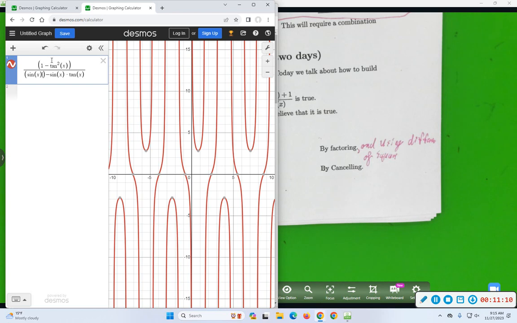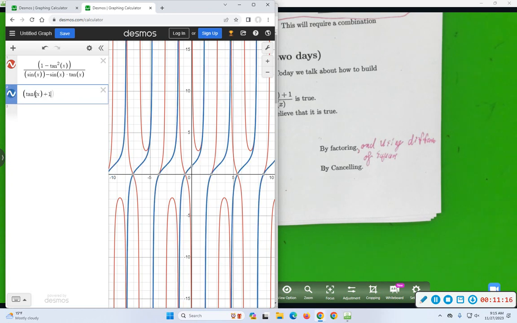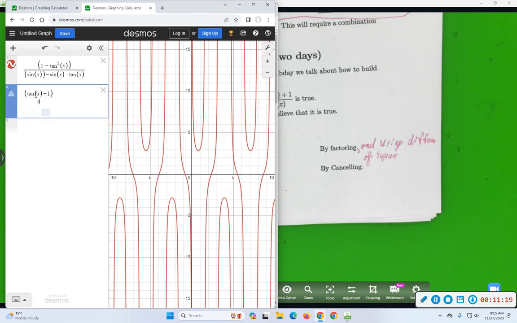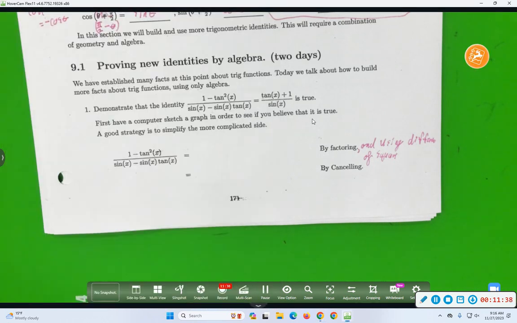All right. And the other side, tangent of x plus 1, close parentheses, divided by sine of x. Looks pretty close. Nice. So I think these two things are the same. But there could be some really small error between them that the graph would never tell us. So if we want to really convince ourselves that these two things are exactly the same, let's do some algebra.